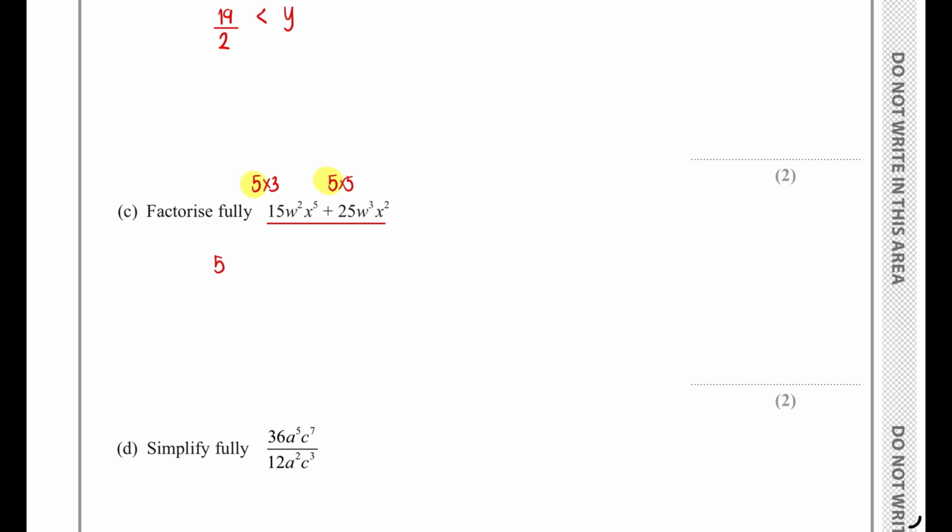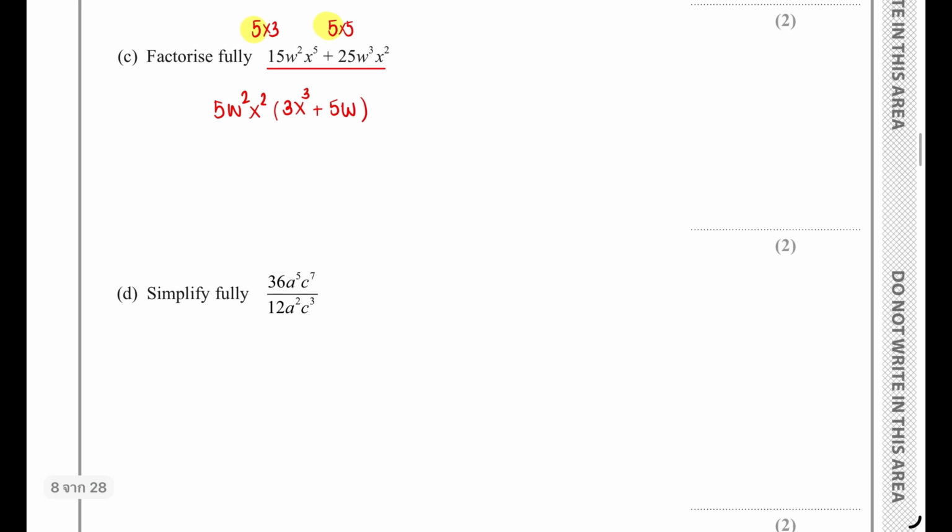And we also have w squared as common. We have x squared as common as well. So therefore, the remaining of the first term will be 3x cubed. And the remaining for the second term will be 5w. Question D.